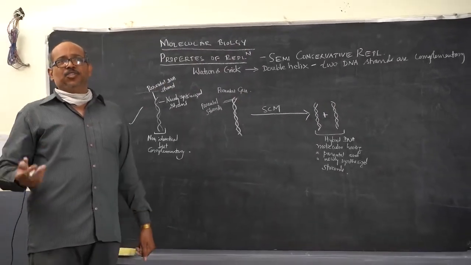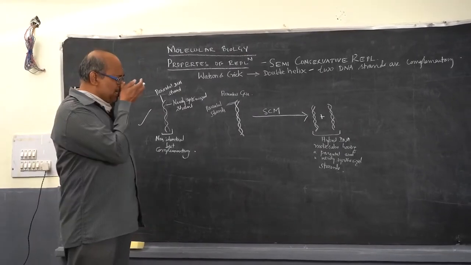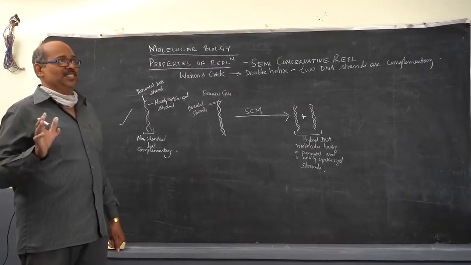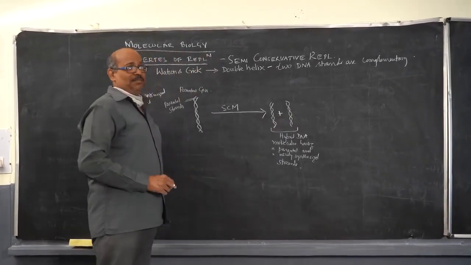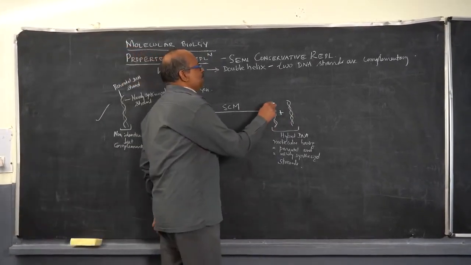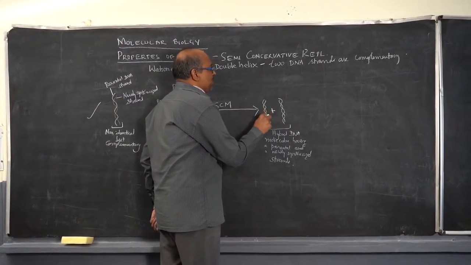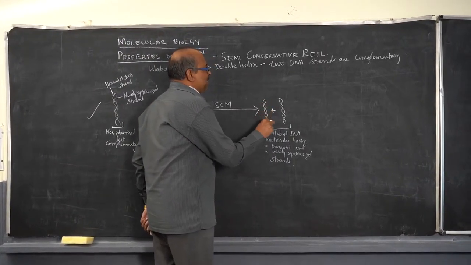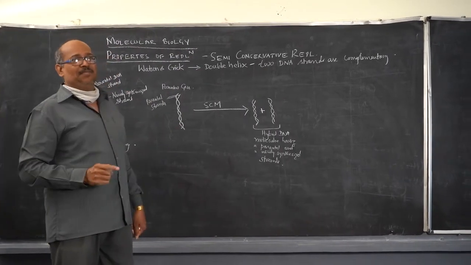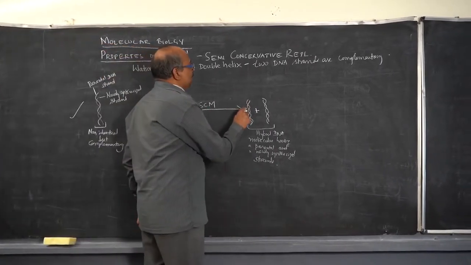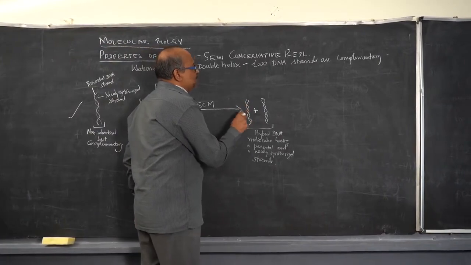So now what advantage do you have? Replication cannot occur without errors. When you have a semi-conservative mechanism, whenever errors take place in the newly synthesized one, that is the white one, the DNA repair mechanism can identify the error based on the parental strand.